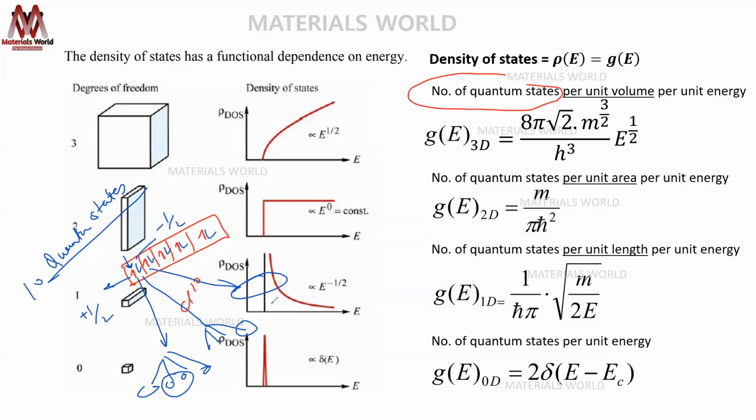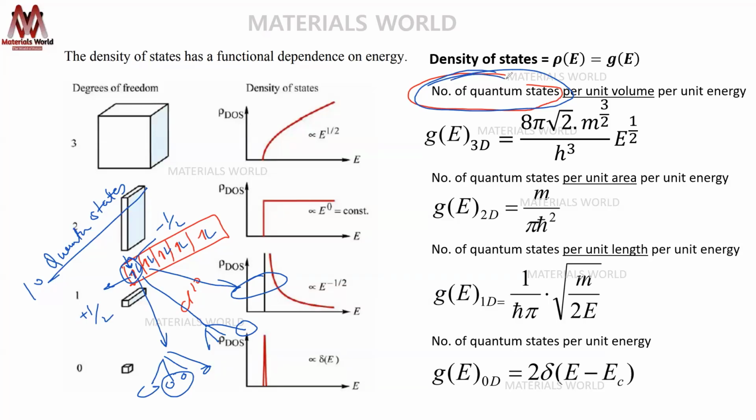Every quantum state has 4 unique quantum numbers. That means every quantum state can be taken by 1 electron. That means the number of quantum states is nothing but the number of electrons. Each quantum state is taken by each electron. Each orbital has 2 quantum states, or 2 energy states. Understood?